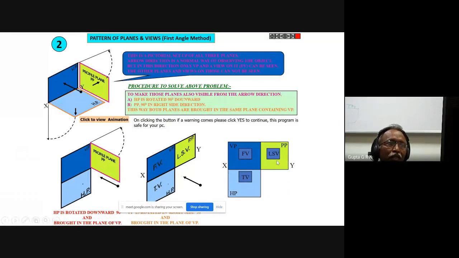Okay, this you have to be clear. Left side view comes to the right side of the front view. And if I see from this side, the right side view comes onto the left side of the front view. Okay. This is first angle projection.